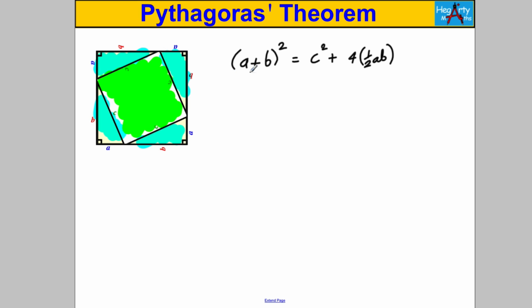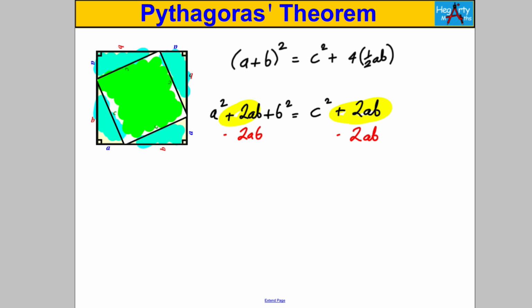So let's expand the left hand side, and if we do that we would get a squared plus 2ab plus b squared, and here we've still got our c squared, and here 4 multiplied by half is 2, so we've got 2ab. Now we could subtract 2ab off both sides and it would eliminate that 2ab, so subtract 2ab from here and subtract 2ab from here, and you will see that we have got ourselves that c squared is equal to a squared add b squared. And that there is Pythagoras' theorem.